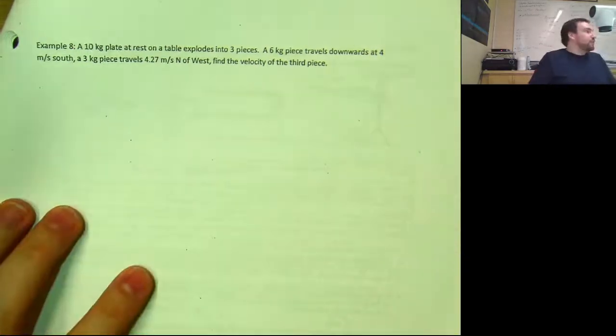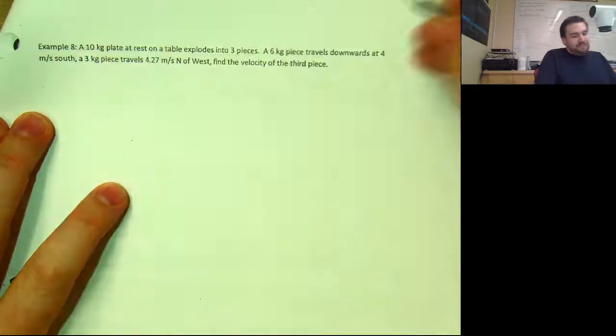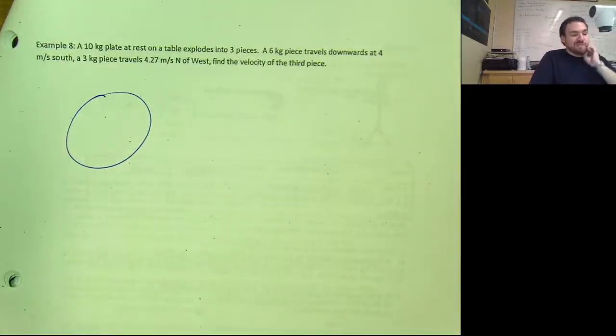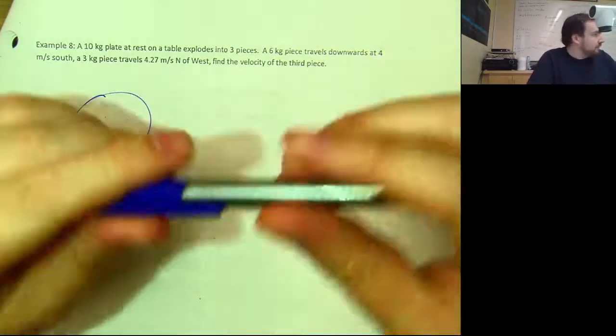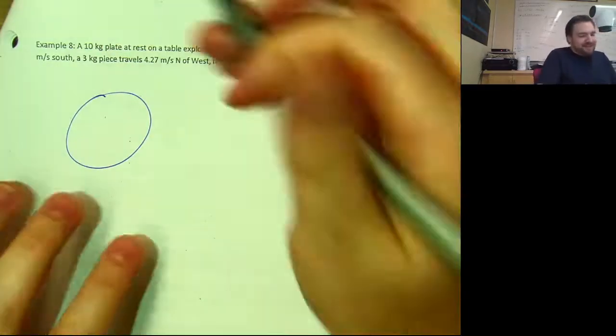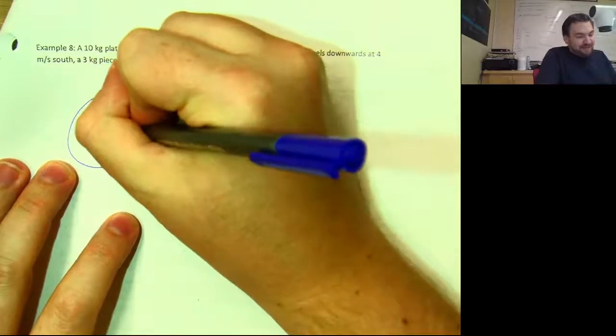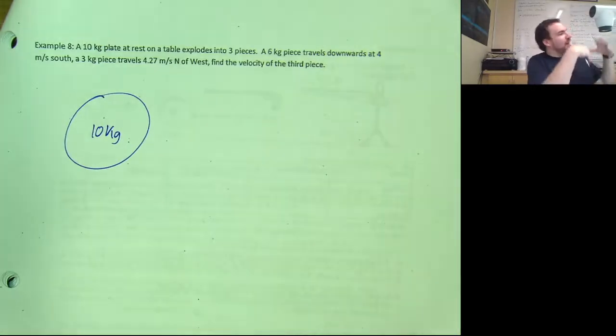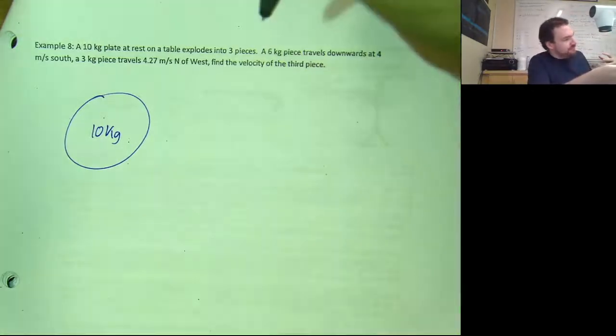So the first thing we're going to do is draw it out. Think of it like a landmine. Landmine sitting on a table, weighs 10 kilograms. The landmine only explodes flat. It doesn't explode up. It just explodes out. Okay?